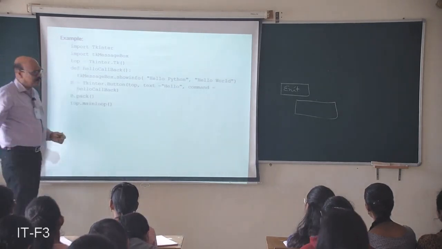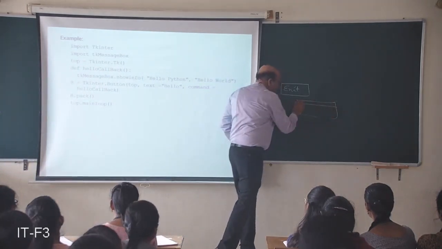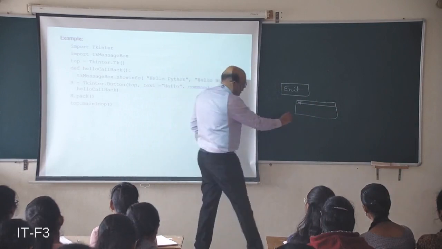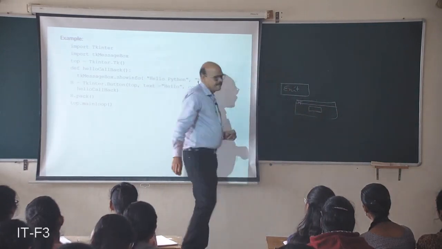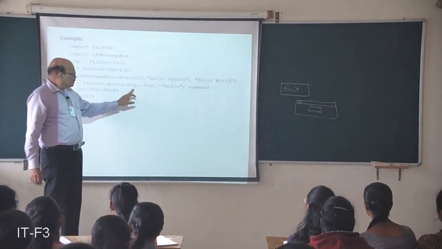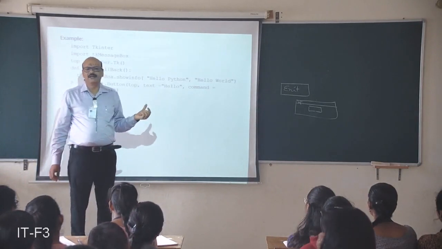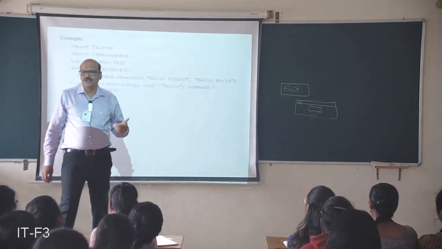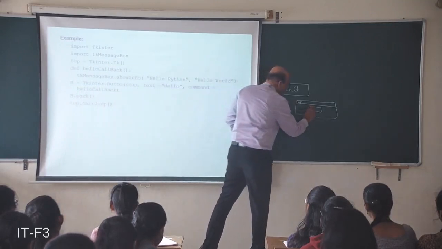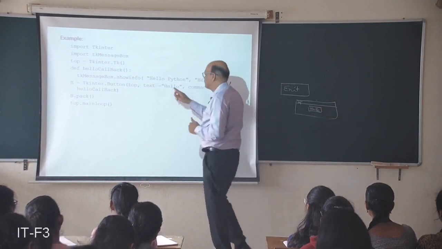We have already created the top level window, top, so a button will be created there. What is the second parameter? Whatever text you use as the second parameter will become the label or the name of the button. So hello will be displayed.